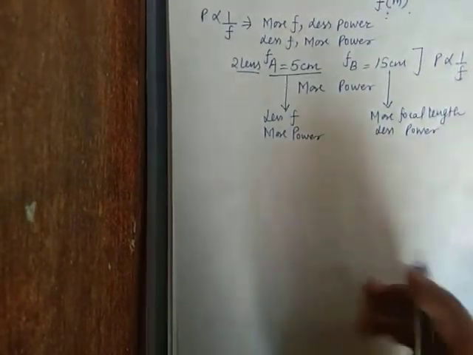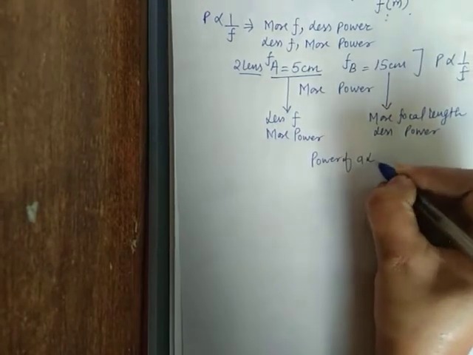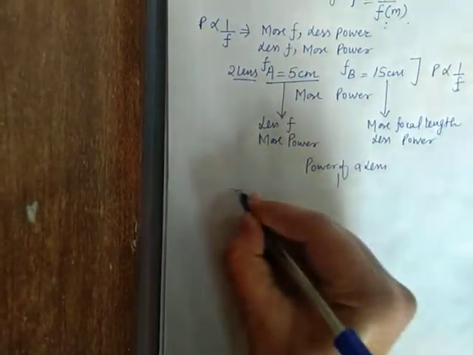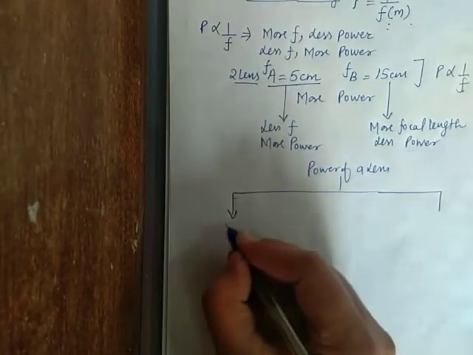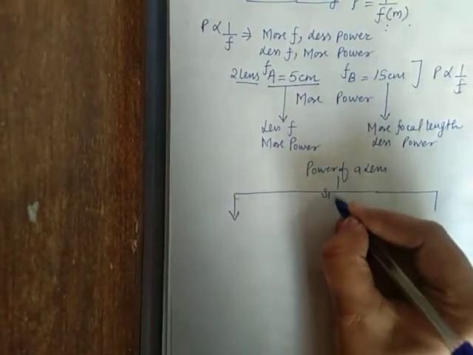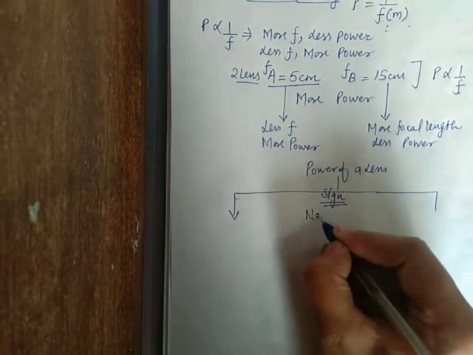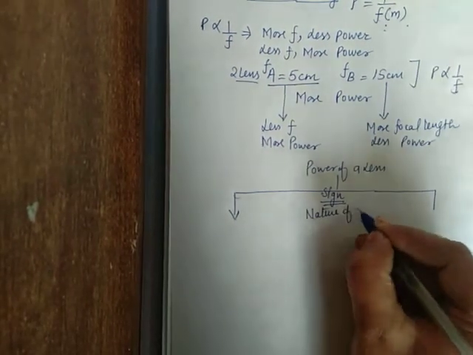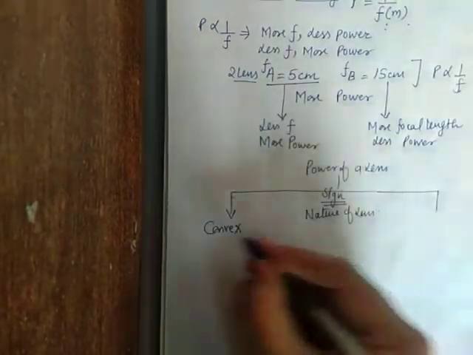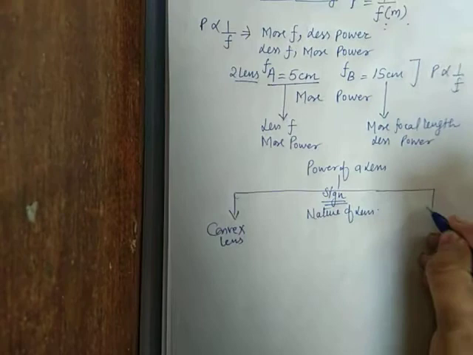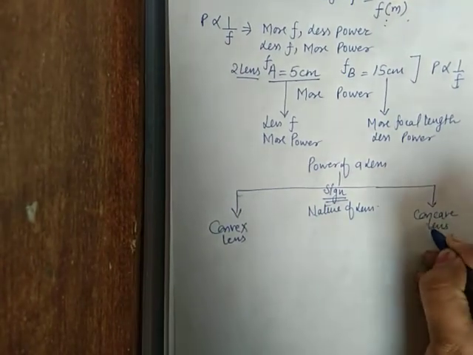Now, power of a lens also has a sign with it that depends upon the nature of the lens. We have two lenses, convex lens and concave lens.